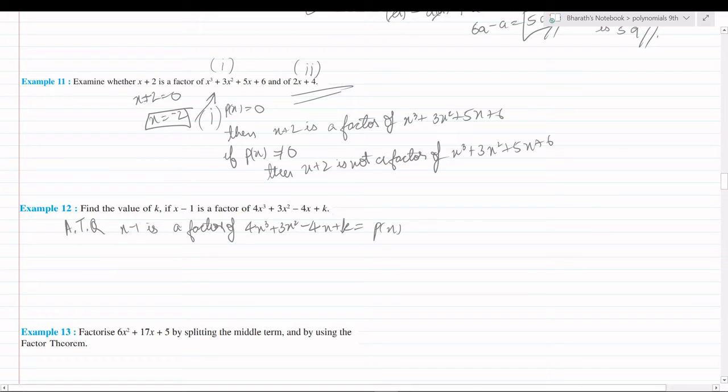Now we clearly know that if this is a factor of this expression, then p of x is equal to 0 when x is equal to 1.